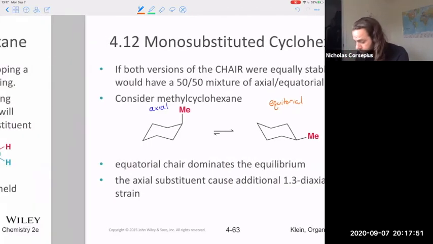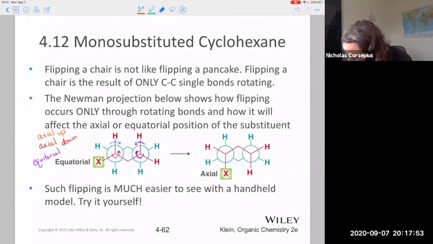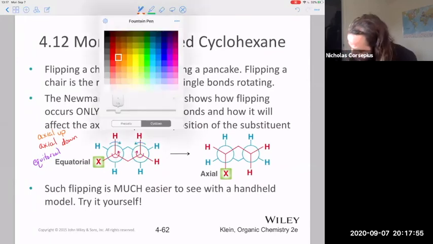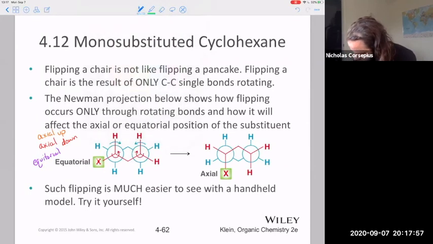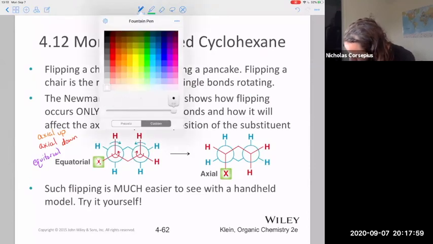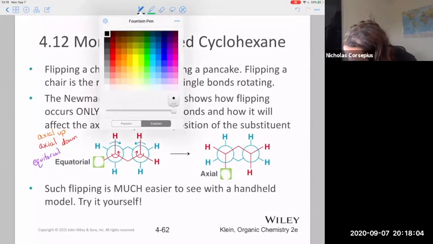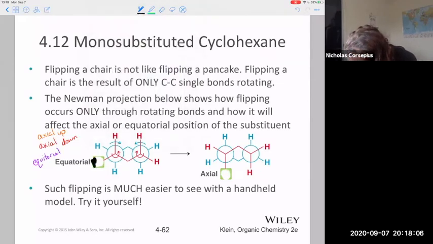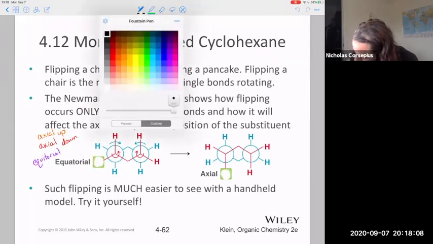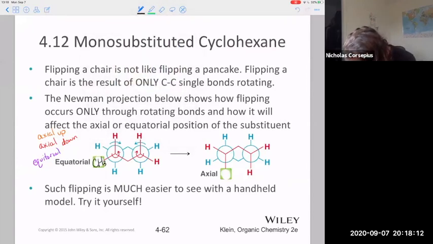Well, maybe if we go back to our Newman projections here and imagine that instead of just having this X, we have a methyl group. Can you tell which one would be more stable?